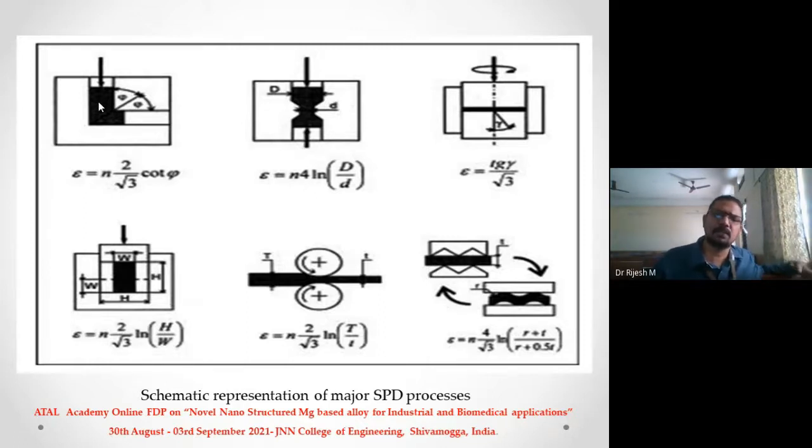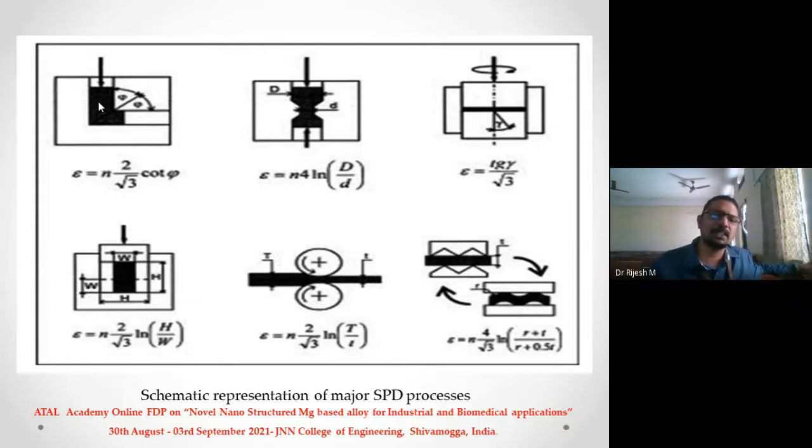Generally, what happens in a metal forming process, if you want to roll a material, you take a plate of 8 millimeter thickness and you bring it down to 4 millimeter. We have done a 50% reduction. If you look at the sample, you can see that the dimension of the sample has all changed.